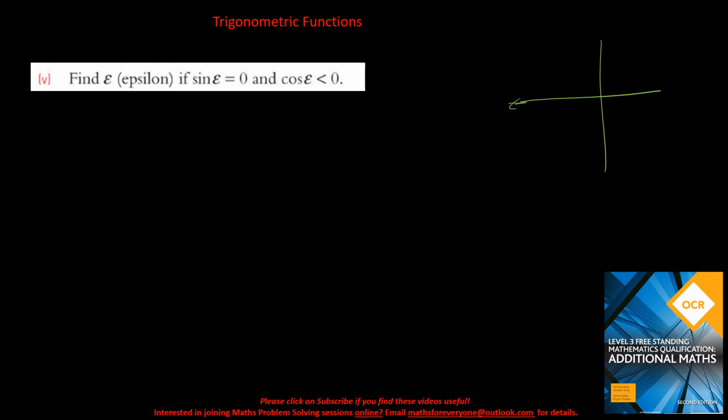So it must be this line, so 0 or 180 degrees, and cos epsilon is less than 0, so it's going to be this quadrant, and this is going to be the angle, so epsilon is 180 degrees. Okay, so that is how you will do it.